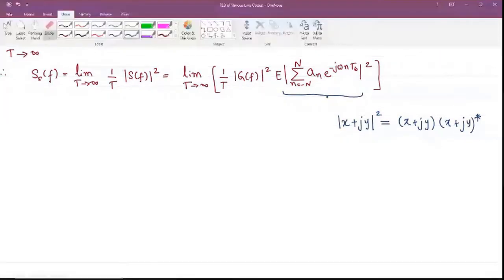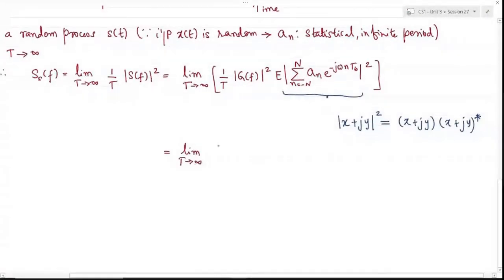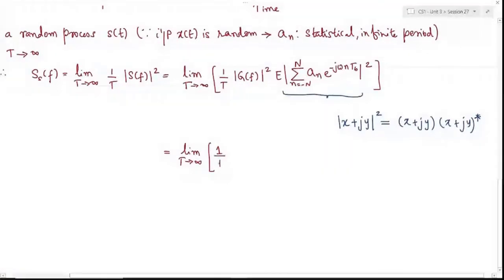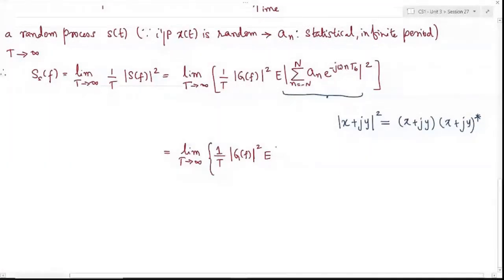So with that I can expand this into two terms. Therefore this can be written as limit T tends to infinity, 1 over T, magnitude of G of f whole square, equal to the expectation of the product of two complex numbers.